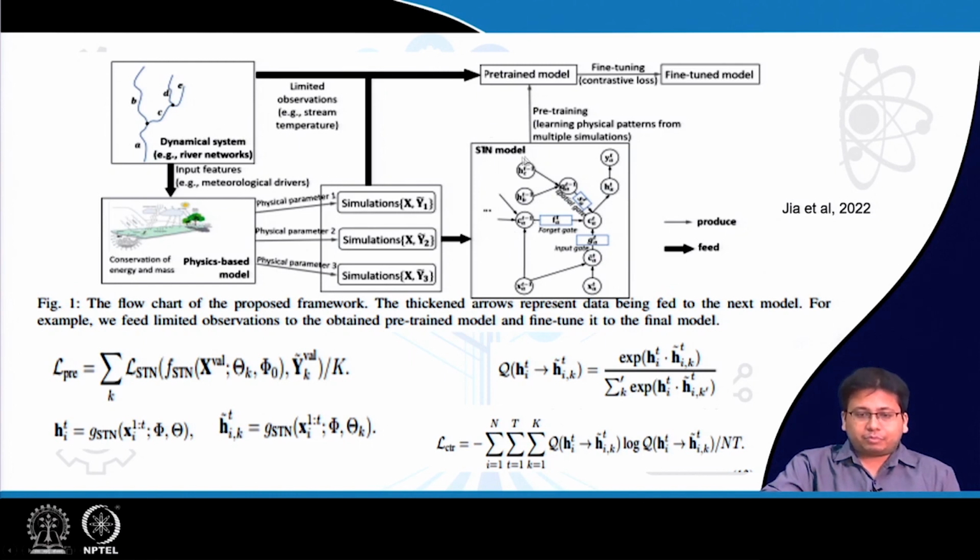So this STN model learns a mapping. That is, if the model has certain inputs of the covariate values, what parameters does it need to produce a particular output? That is the question that this model tries to answer.